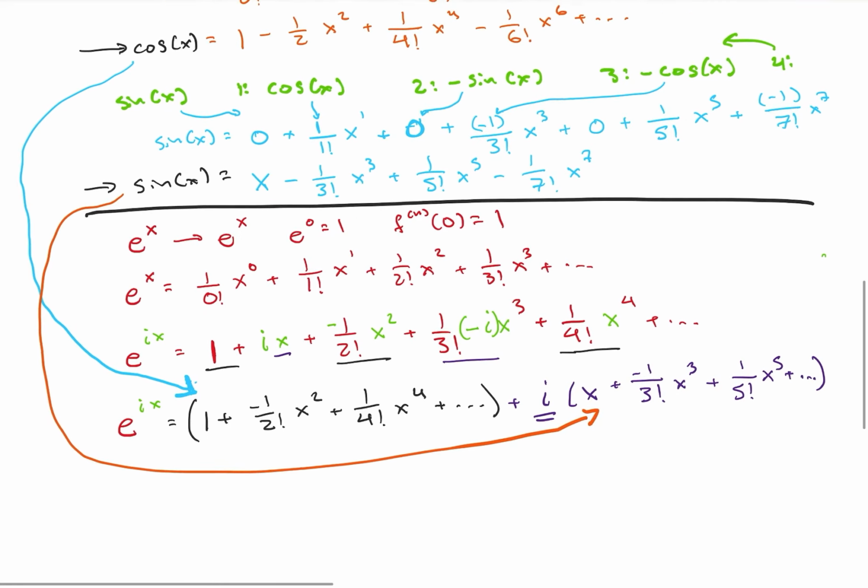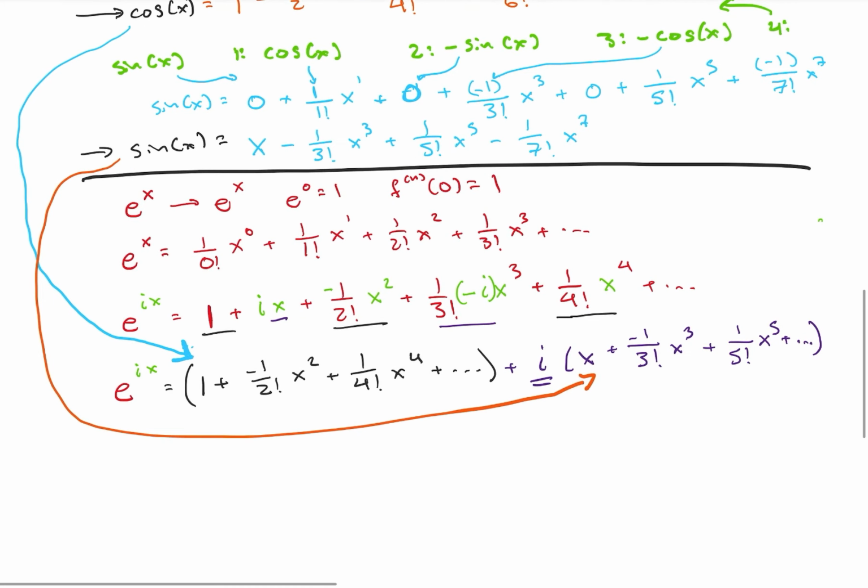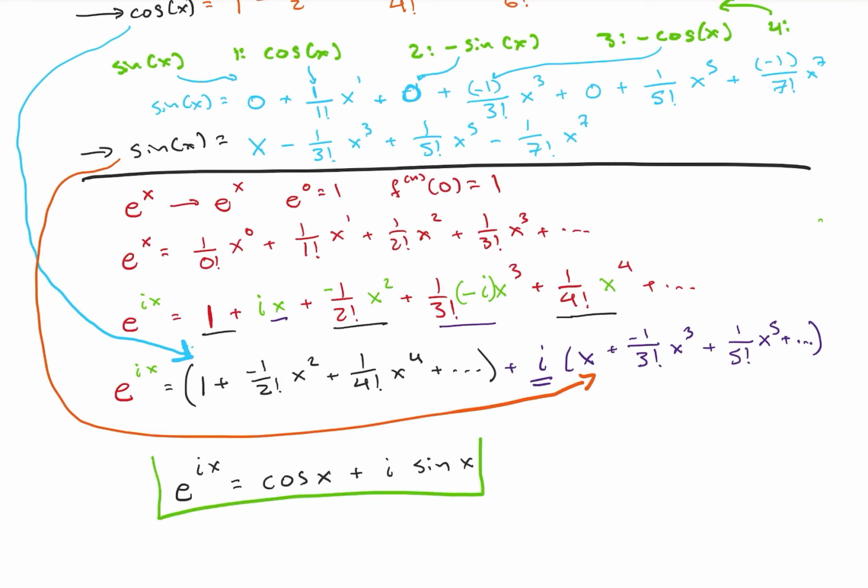So this is where we got that magical expression. What we've shown is that e to the ix is equal to cosine of x plus i times sine of x. So that's why we can go ahead and use that substitution and say that e to the ix is equal to cosine of x plus i sine of x.